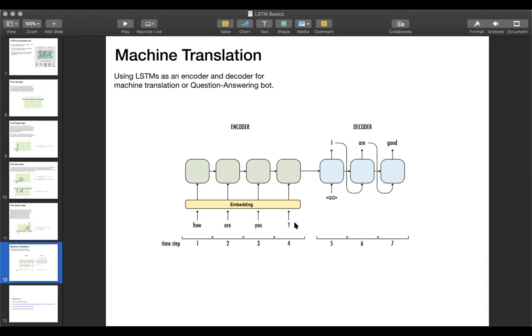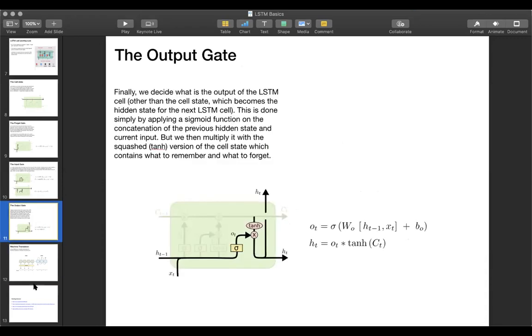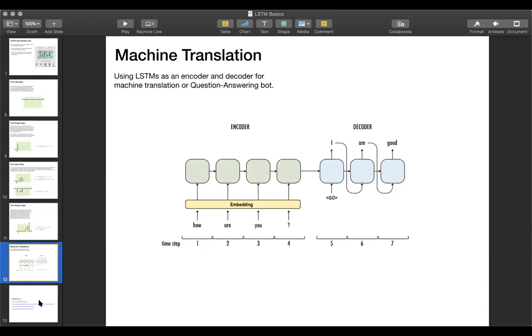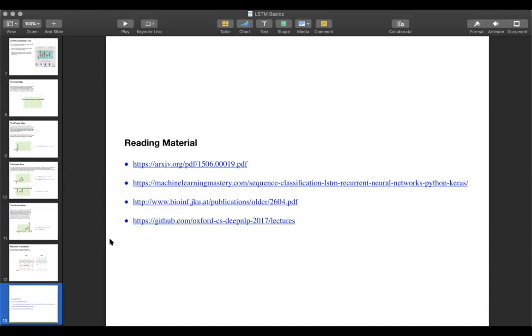Whenever you say hi, how are you, it has been trained to take this particular sequence and decode it in terms of an answer saying I'm good. So this is one very cool application of sequential models like this. And a lot more reading can be done through some of these links.